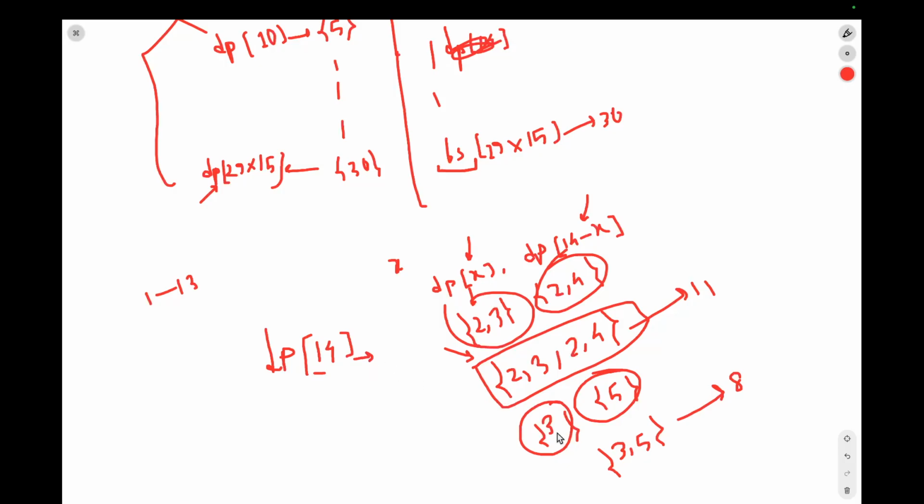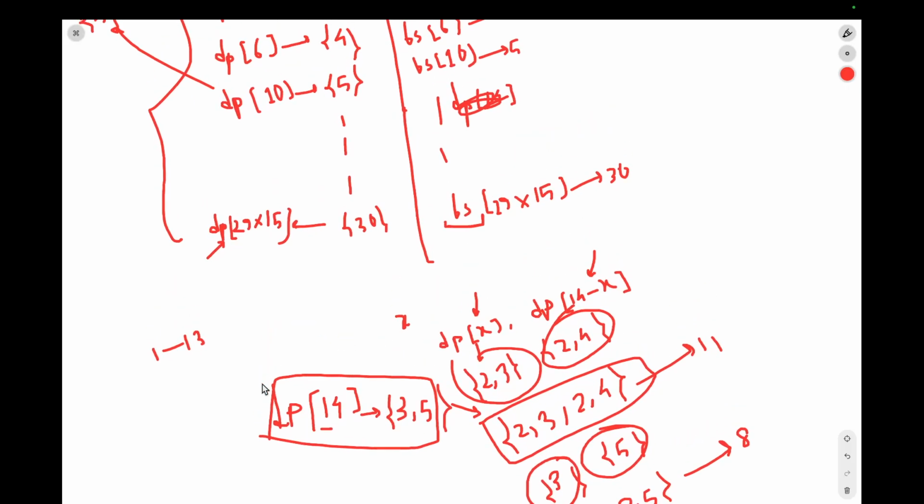Let's say here 35 has given us the best answer, so we will put 35 here, and dp of 14 will now be 35. In such a way, we will calculate all the dp's from 1 till n into n minus 1 divided by 2.